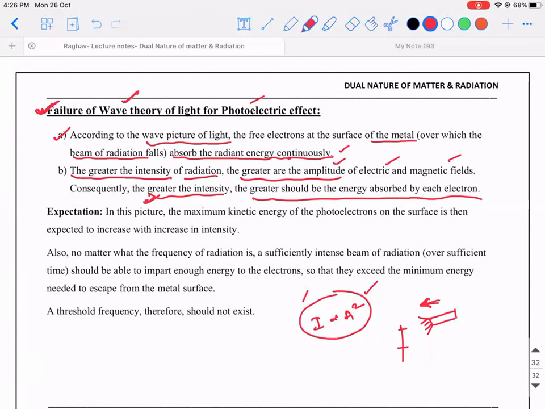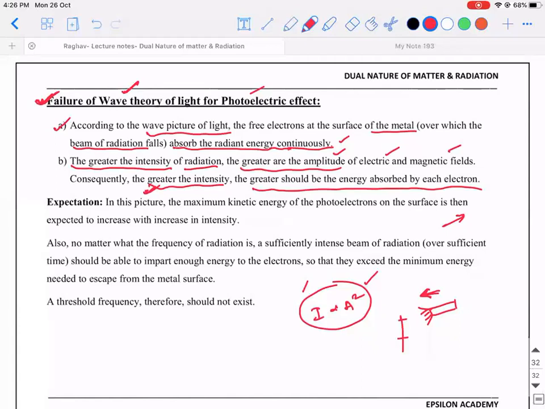If they have absorbed a greater amount of energy, then the kinetic energy with which they are coming out should have varied. Am I right? When the kinetic energy varies, the stopping potential should also have varied, because kinetic energy and stopping potential are related as eV naught equals half m v max square. So according to wave theory, if intensity increases, kinetic energy should have increased. If kinetic energy increases, stopping potential also should have increased with intensity.